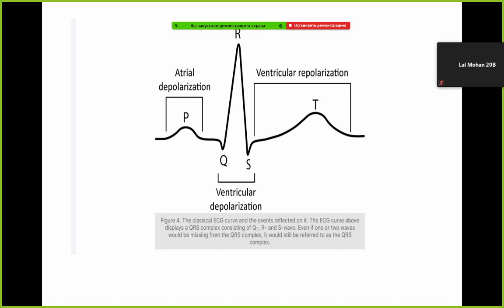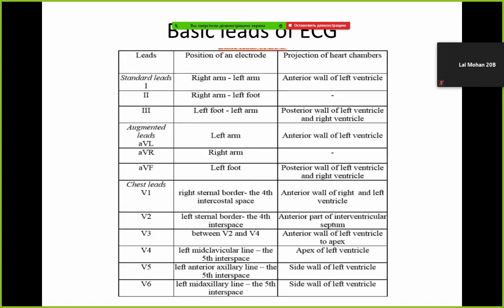Note the straight line between the P wave and the QRS complex, the so-called PQ or PR segment. This line is referred to as the PQ segment and represents the impulse delay in the atrioventricular node.